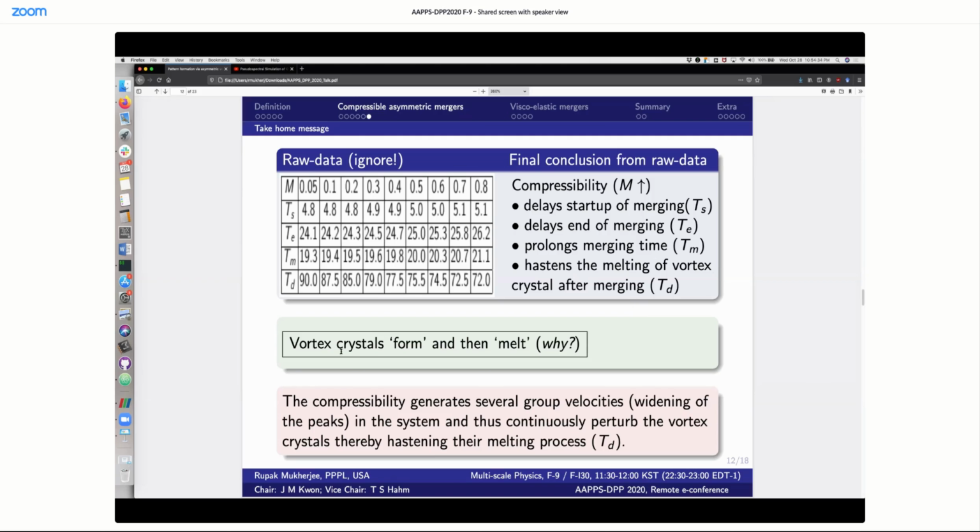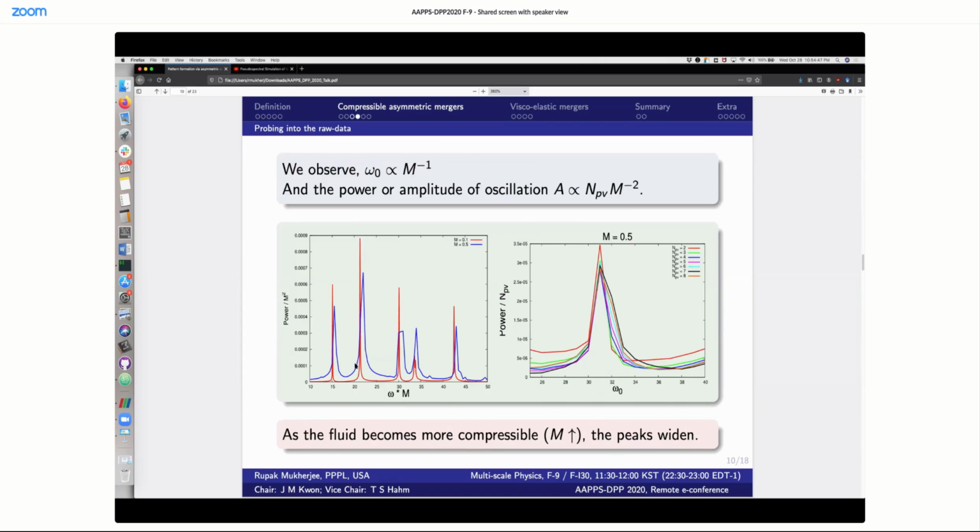But let's see, why do they melt at all? Basically, what happens is the compressibility generates several group velocities in the system. You can see the structure here. The peaks are actually broadened here, so there is energy in more different modes.